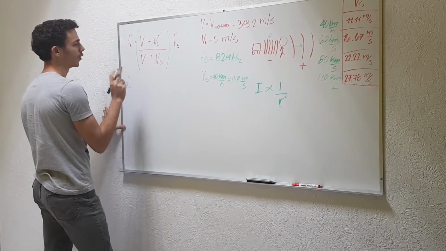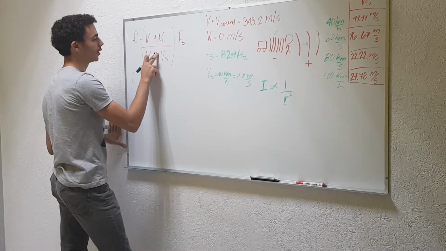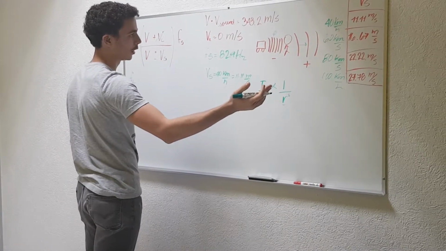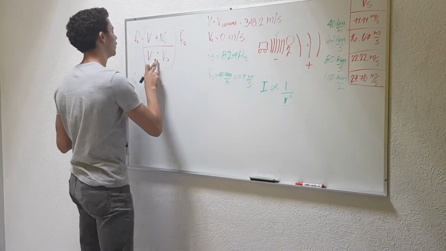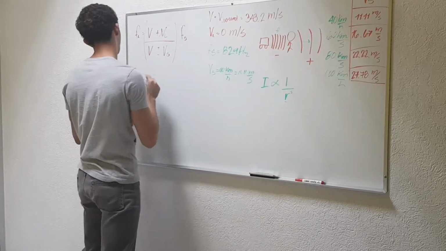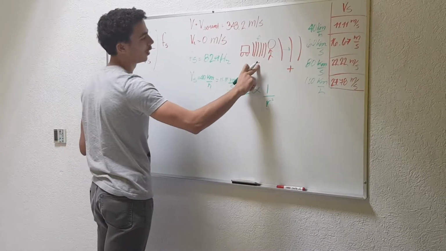Remember, we are going to get two different frequencies, one with the positive when the car is leaving or getting further, and one with the negative when the car is coming closer to us. So for the first scenario, let's use the case when the car is coming closer.